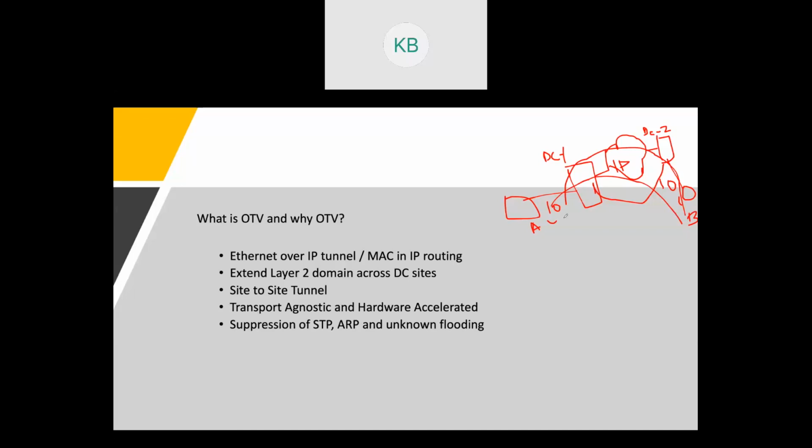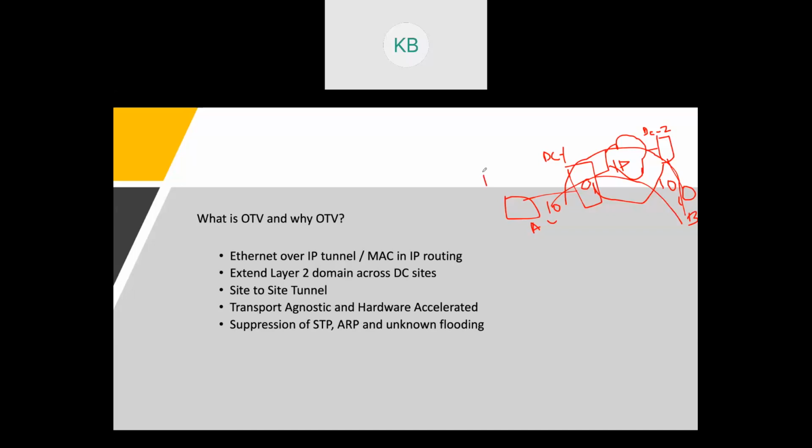It will learn the IP to MAC mapping of client B. At the same time, this OTV edge device is also going to create an entry in its OTV ARP cache for client B.